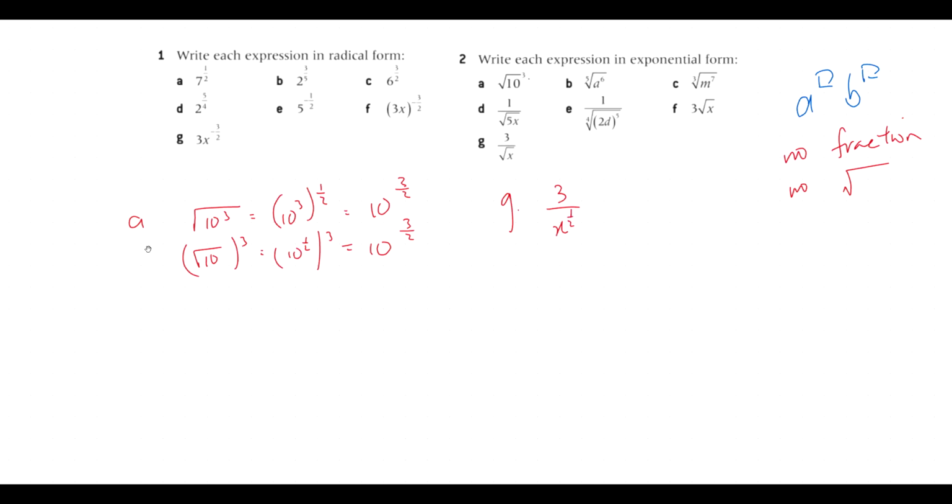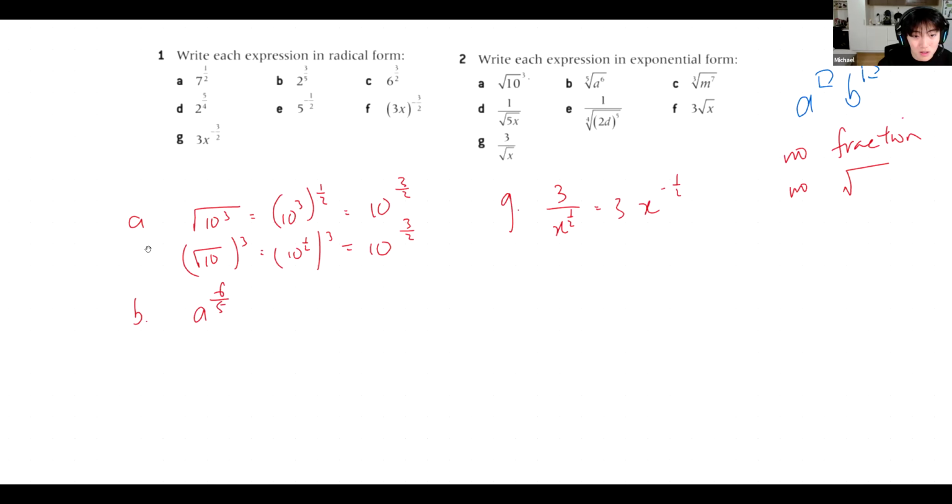And then you put it on top by making it negative. And that's it. Easy. Anyone else has any questions? E, okay.